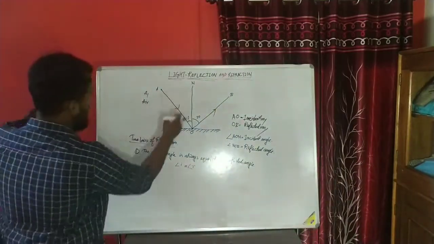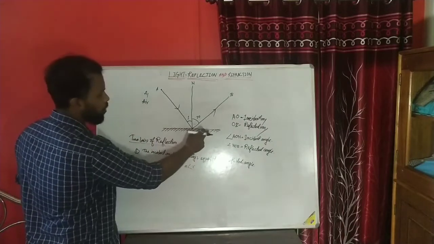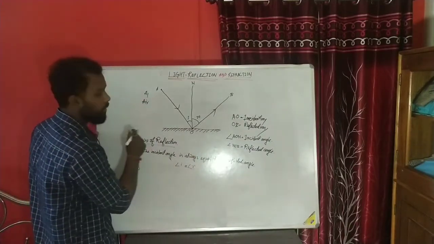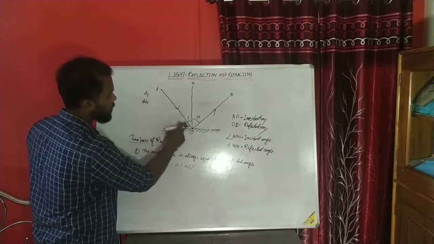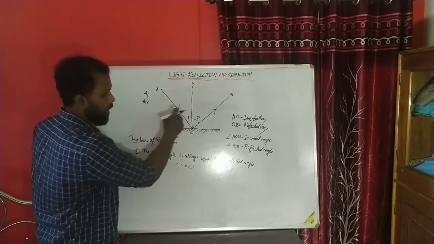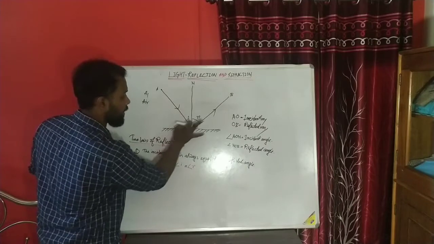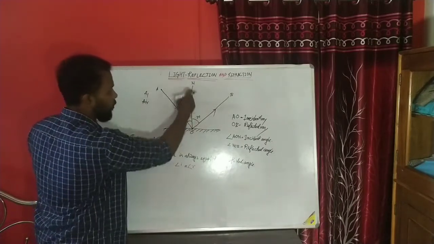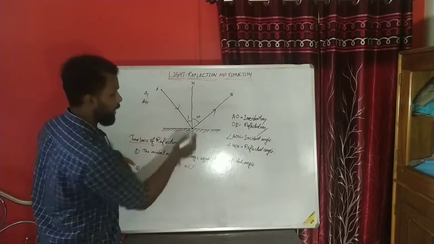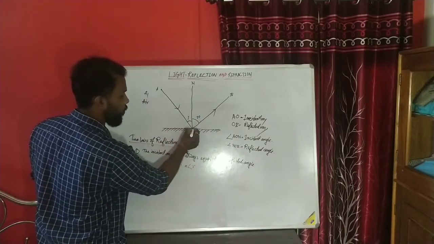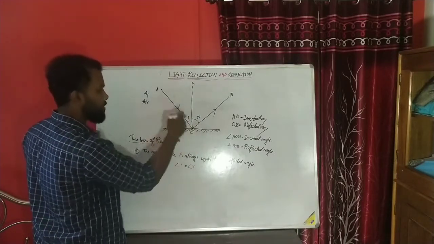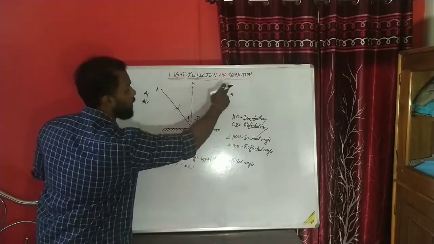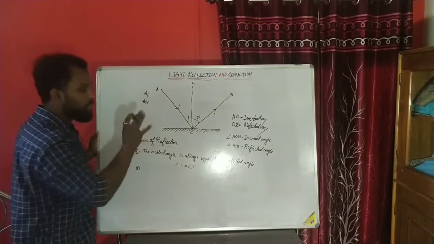In this case, if this is a single plane and we consider this point as a single point, look closely: the incident ray is incident on a single point, and from this point the reflected ray is reflected. So if this point is in this plane, then the incident ray, the normal, and the reflected ray will be on the same plane.